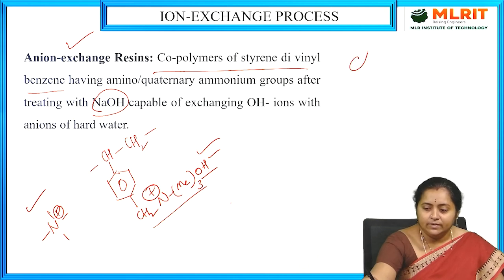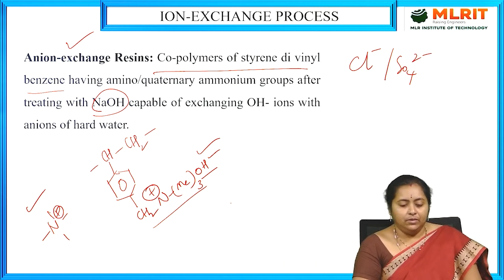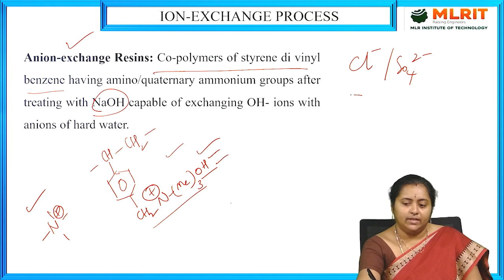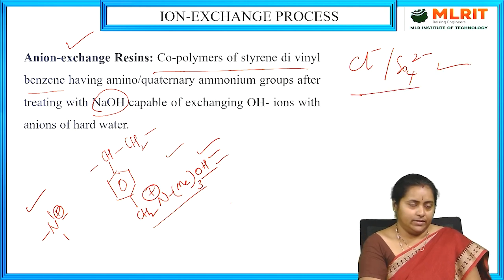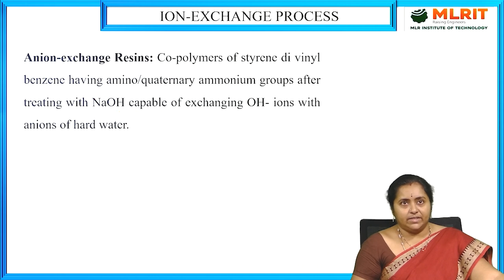We know that Cl minus and SO4 2 minus are the anions present in the hot water. Whenever this is made as a bed or membrane in the anion exchanger, it is able to replace its OH minus ions with the anions present in the hot water. So these are called anion exchange resins.